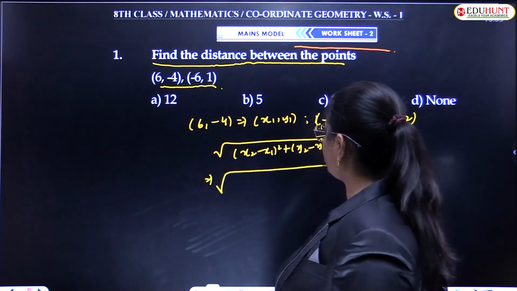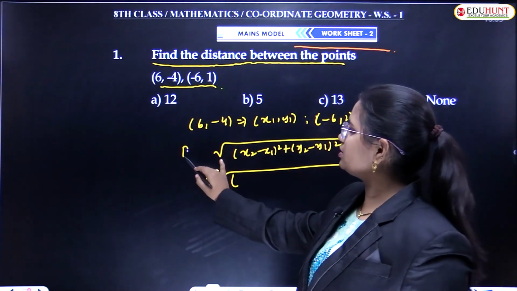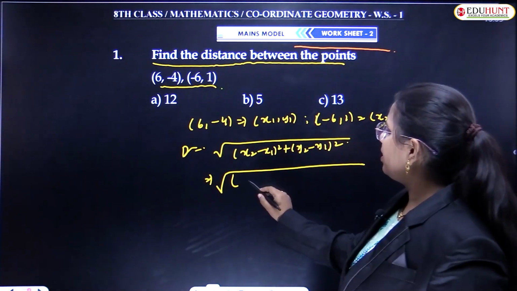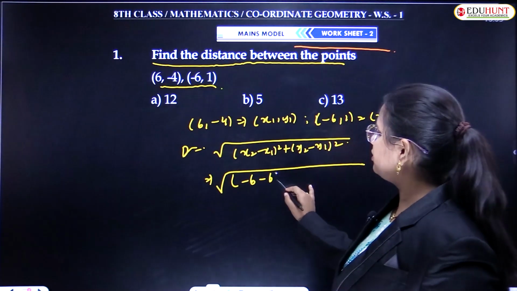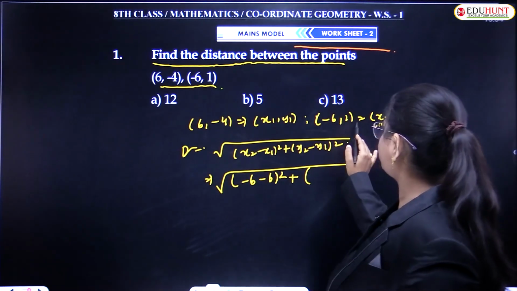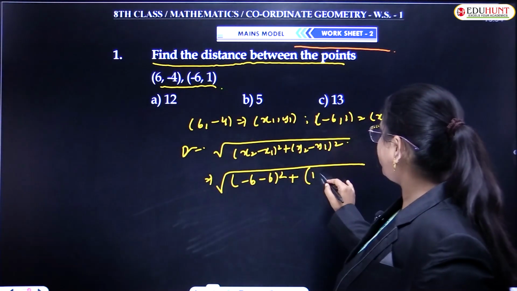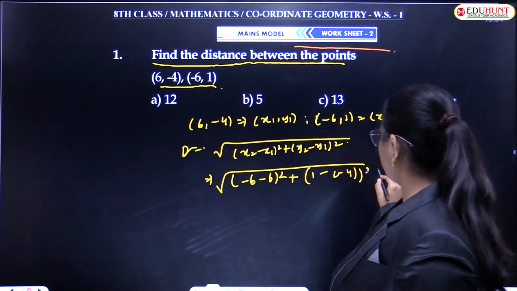So what I am going to do, what is x2 here? Just substitute in the formula. So what is the x2 value here? Minus 6 minus x1, which is again 6, so (minus 6 minus 6) whole square, plus what is y2? Tell me. 1 minus what is y1? Again minus 4, so whole square.